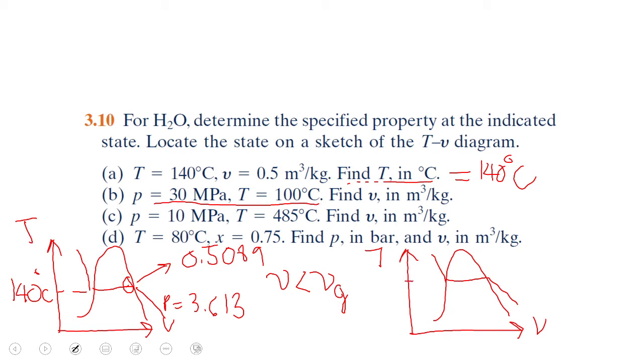So if this is 100 degrees Celsius, then this pressure is 1 bar. And to be exact, it is 1.014 bar.